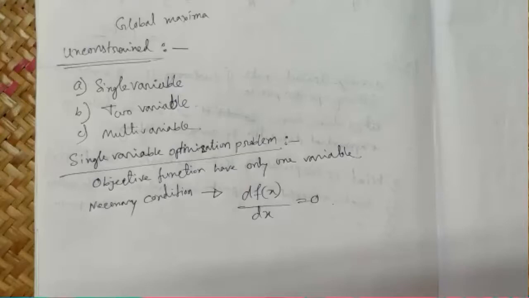So the necessary condition is that df(x)/dx should be equal to 0. That value for which df(x)/dx is 0 is called x0, and that will be called an extreme point.